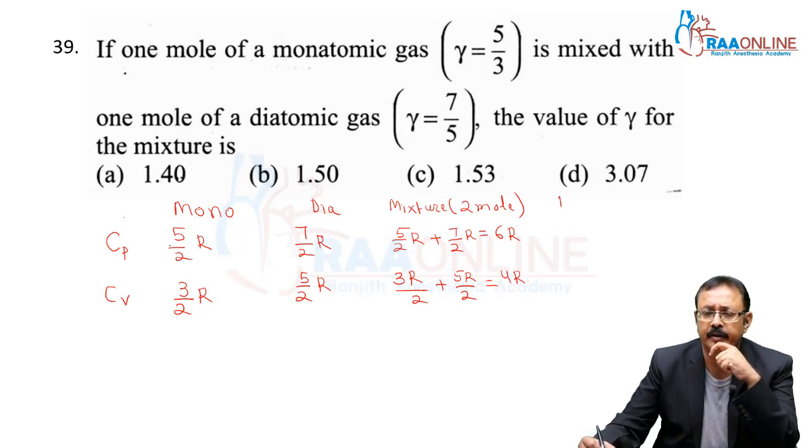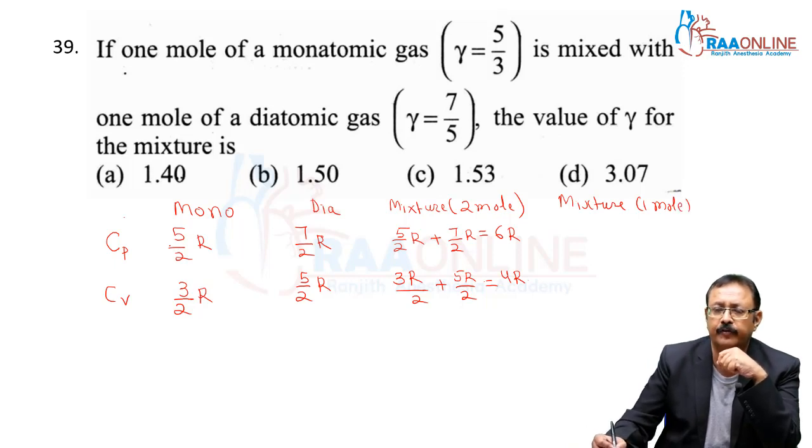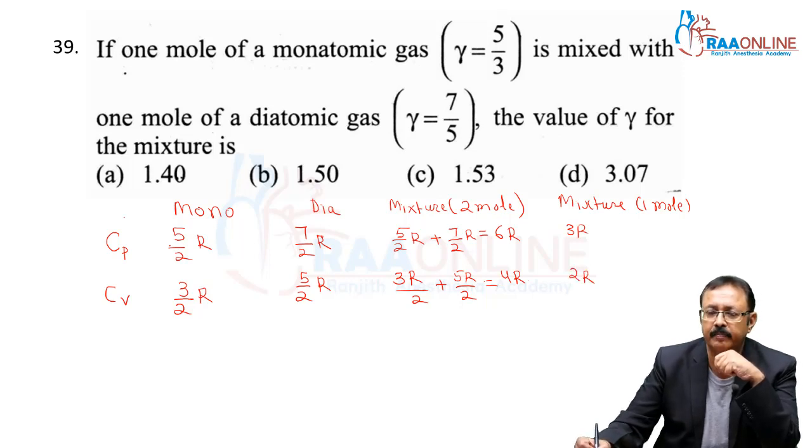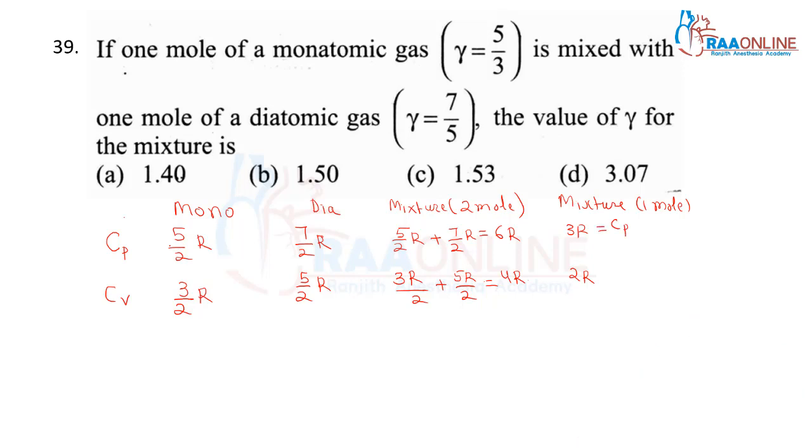So for the mixture, for 1 mole, how much energy is required at constant pressure? Half of this: 2R at constant volume, half of 4R. So it is Cp for the mixture, and this is Cv for the mixture.